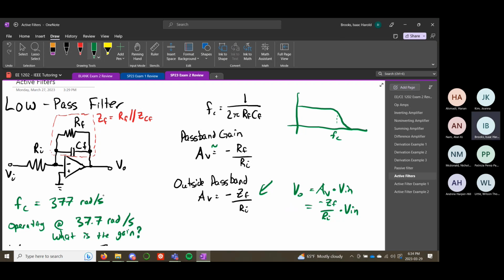So we've moved by a factor of 10, right? And let's say that the passband gain is 6 decibels. If the gain in our passband is 6 decibels, and our cutoff frequency is 377, and it's a low pass filter, what would be the approximate gain of the circuit at 37.7 radians per second? Does anybody know?